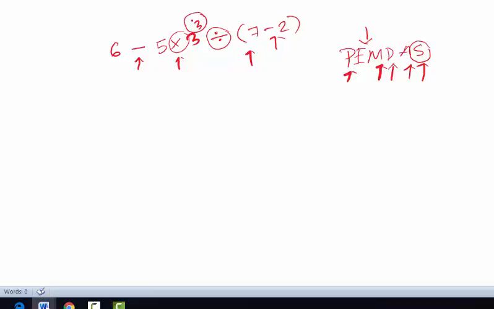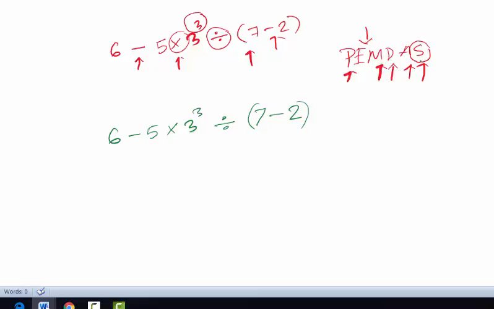Exponents and roots can replace each other. Now let's write this expression again: 6 minus 5 times 3 cubed divided by 7 minus 2 parenthesis.